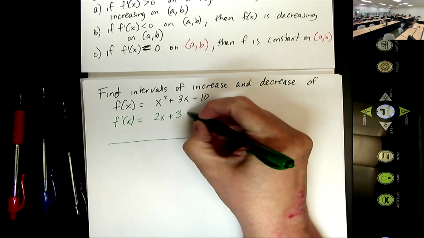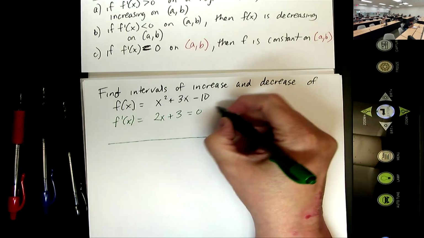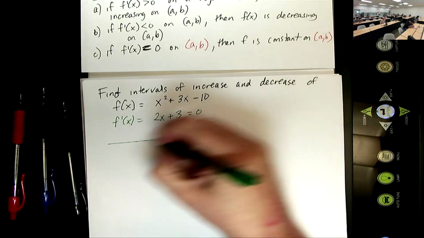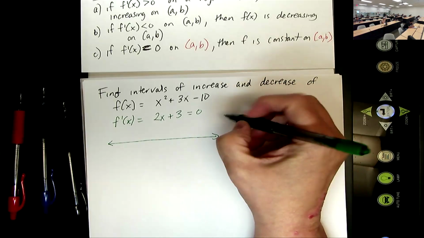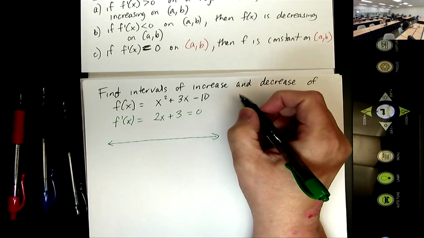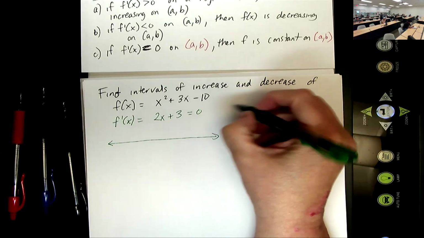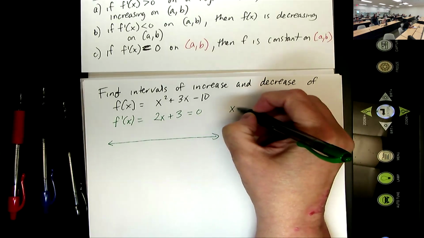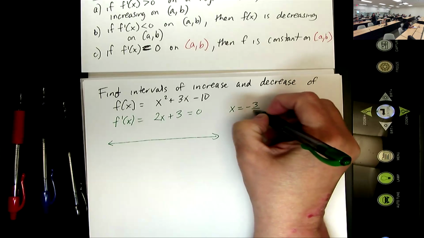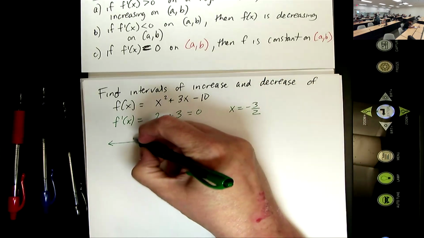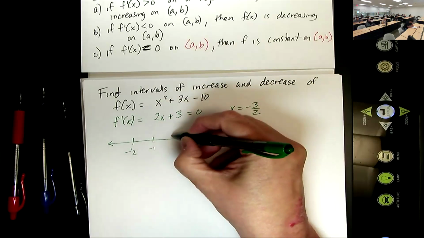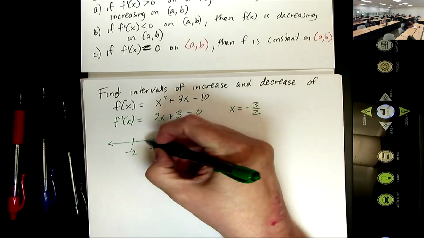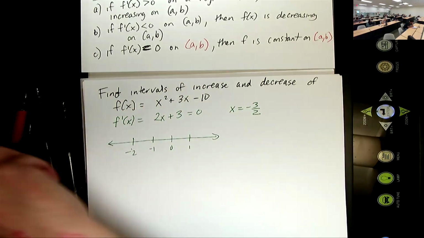It looks like this is gonna equal 0. If we're trying to find where it changes from increasing to decreasing and back, checking where the derivative equals 0 is gonna give us boundary points. So we're gonna set it equal to 0, and we can see that at x equals -3/2, something is going on. -3/2 would be right here.